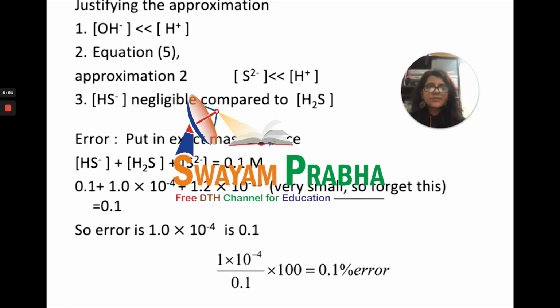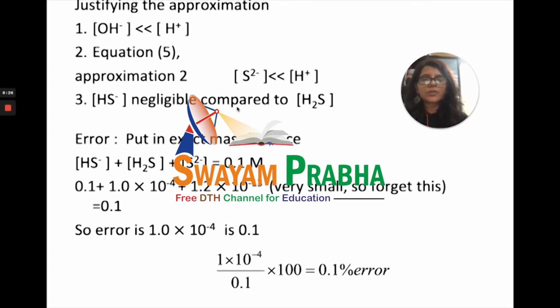Now, let us justify our approximation. We have seen that OH minus is 10 to the power minus 10, so it is very less than H plus. So our approximation was correct, that because the solution is acidic, OH minus can be neglected. Now, another approximation that we had done was that S2 minus was very less. Why? Because Ka2 was very, very small, which is also true.